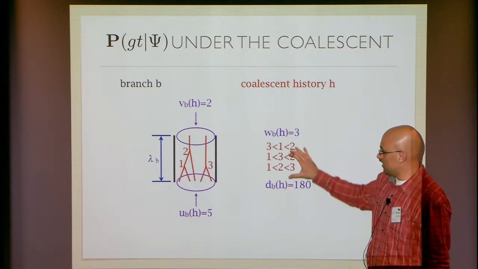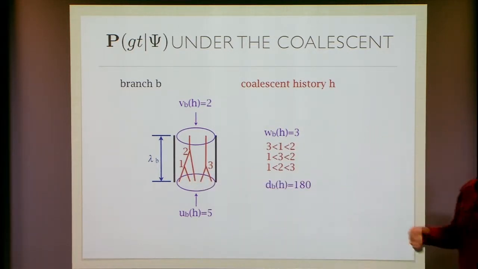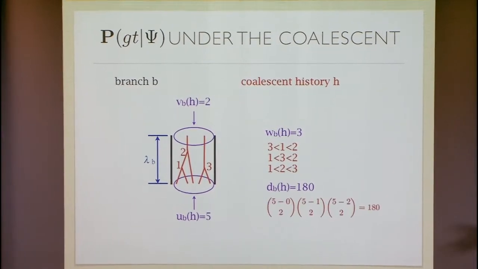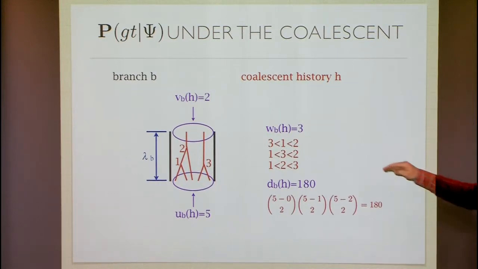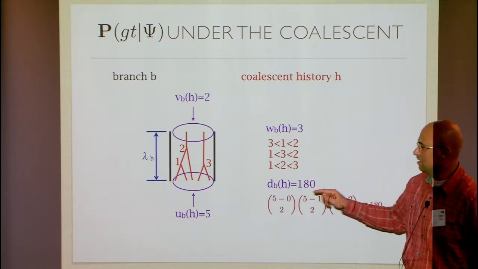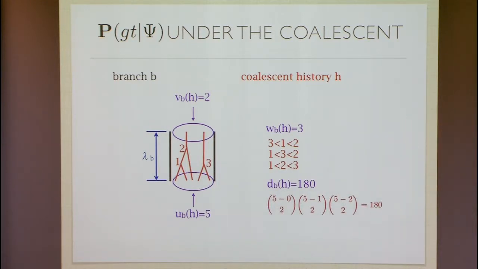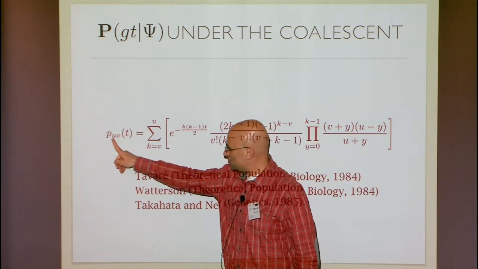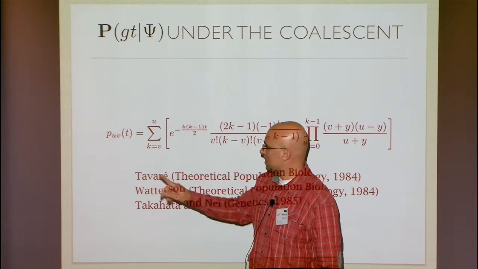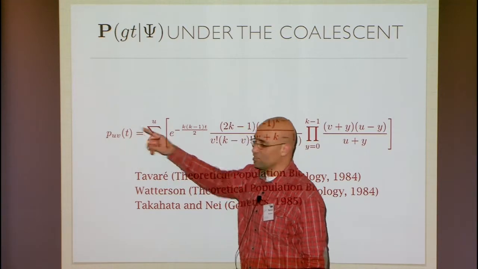But these are 3 out of how many possible ways we could have had 3, and the formula for that gives us 180. So dividing this by this gives the probability of these specific coalescent events happening. And the other term in the formula was P U V over time T: the probability of U lineages entering the branch and V lineages exiting from the branch if the branch had length T.